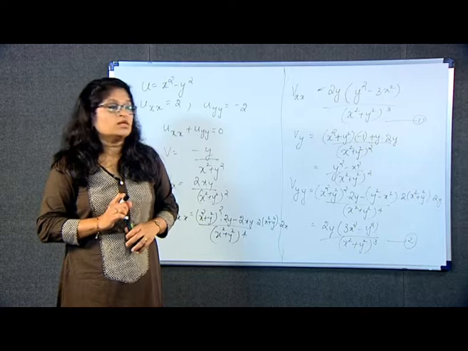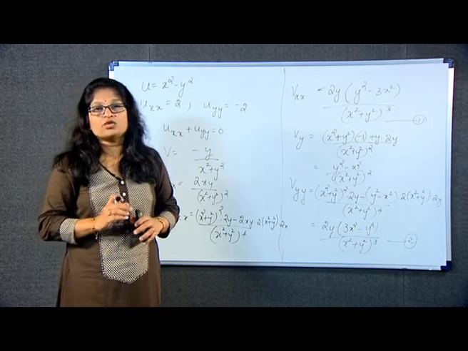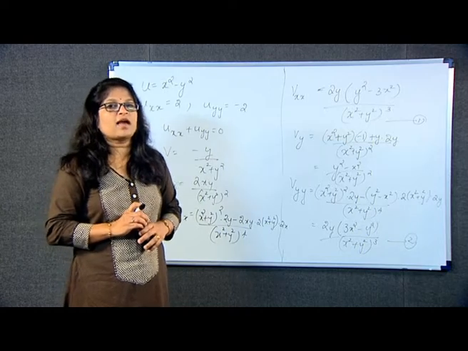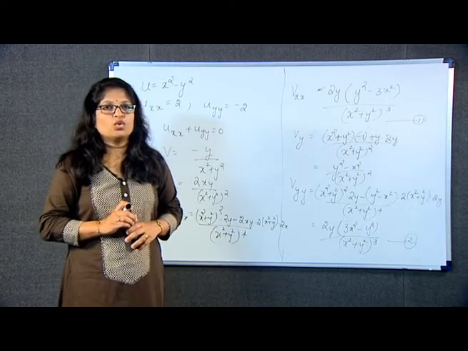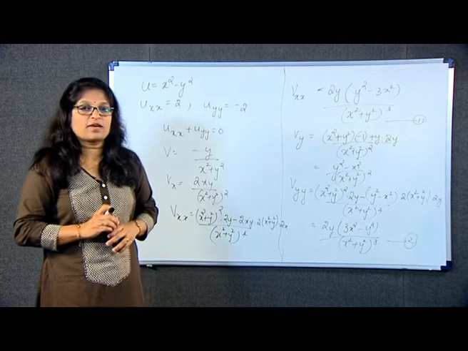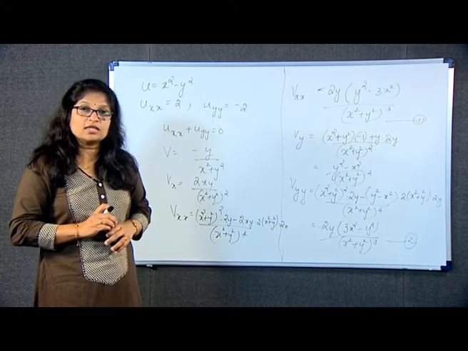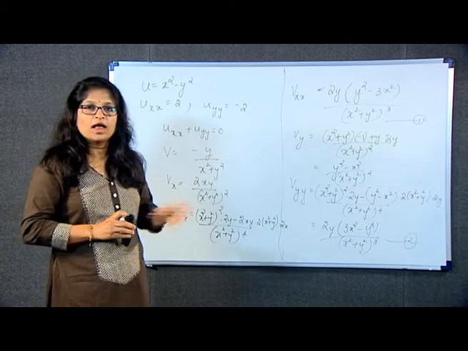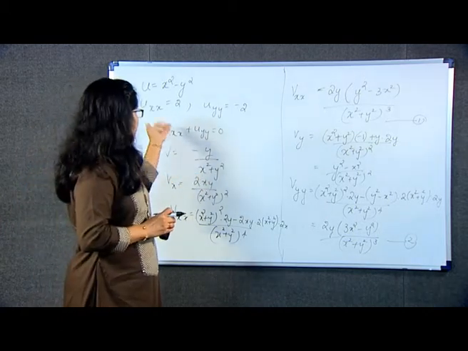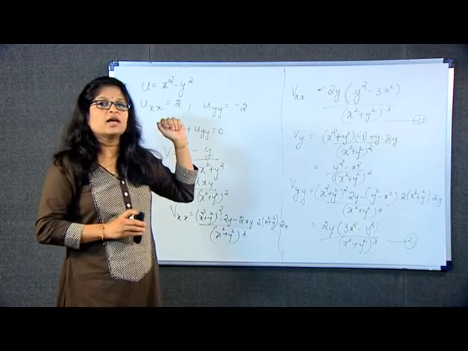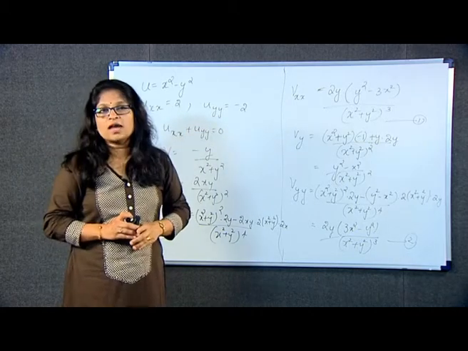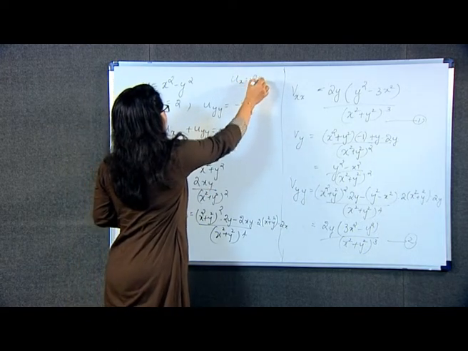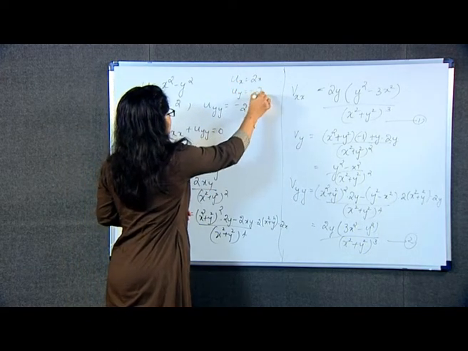Can you now conclude that you have two harmonic functions in hand? Can I simply write u plus iv and say that it is an analytic function? No. For that you need to check whether the function satisfies the CR equations. Since all the first order derivatives are here, you can easily verify what is ux and what is vy. Are they the same? No. Your ux is 2x and uy is minus 2y.